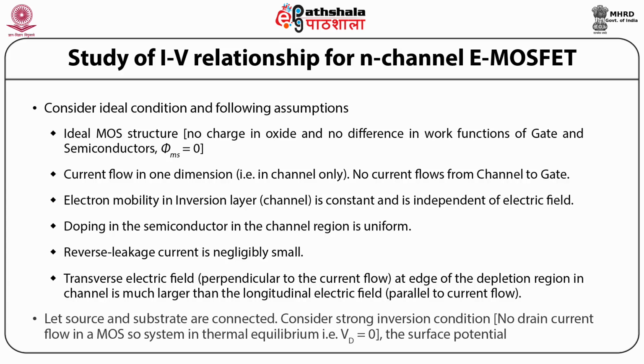So here, let the source and the substrate be connected and consider a strong inversion condition. That means no drain current flows in the MOS, so the system is in thermal equilibrium, that is Vd equal to 0.